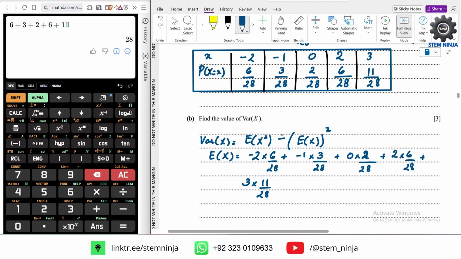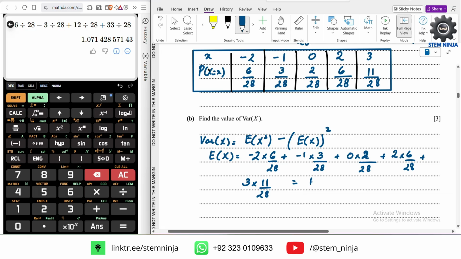So minus 2 times 6 divided by 28, minus 3 divided by 28, plus 12 divided by 28, plus 33 divided by 28.